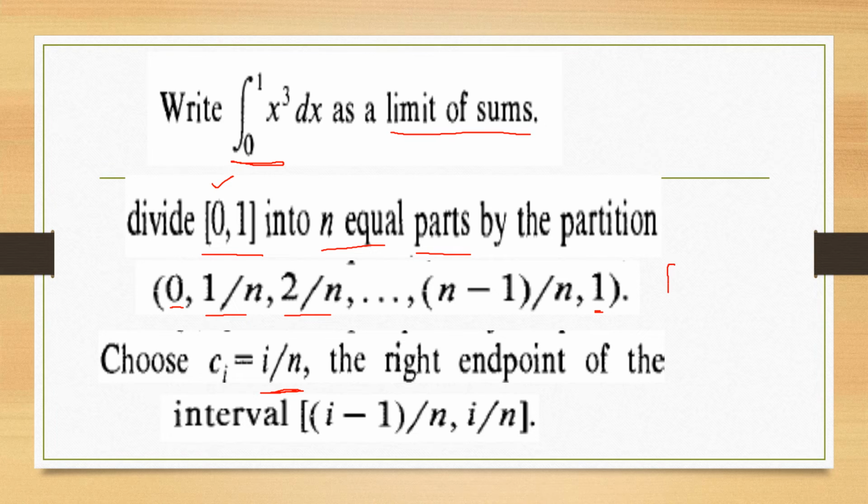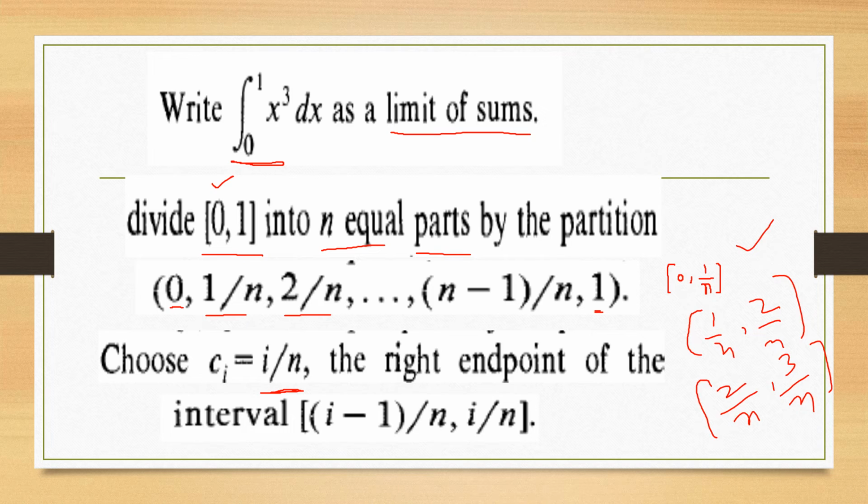We have the subintervals as 0 to 1 by n, and the next interval is 1 by n to 2 by n, and the next interval is 2 by n to 3 by n.